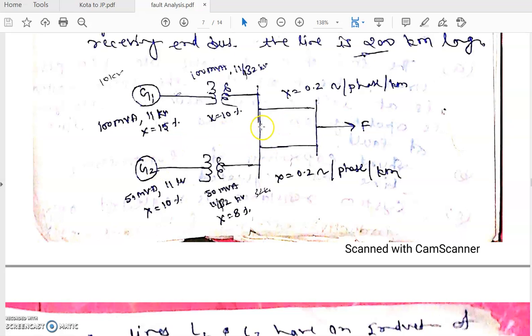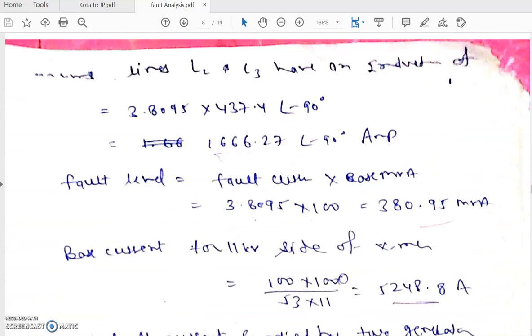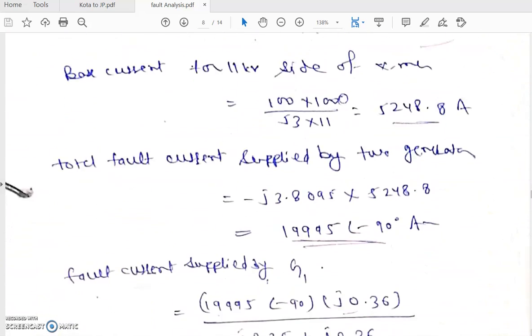If we know the fault current at F, suppose G1 supplies I1, G2 supplies I2, and the total current is I, then we can distribute the current into I1 and I2 by the formula I1 equals R2 upon R1 plus R2 times the total current I. Similarly, I2 equals R1 upon R1 plus R2 multiplied by I. By this concept we can divide the current between G1 and G2.